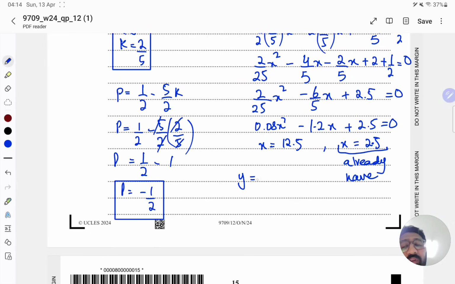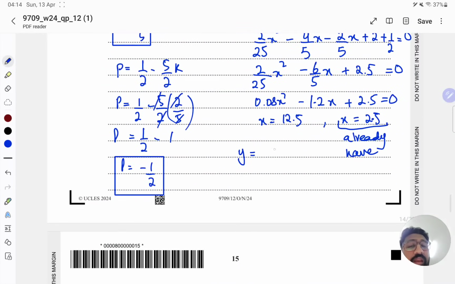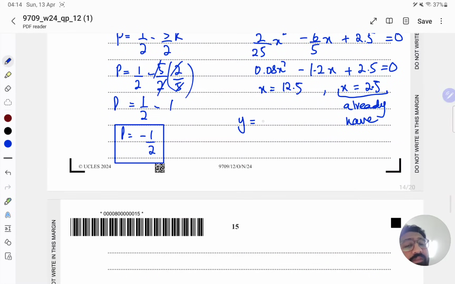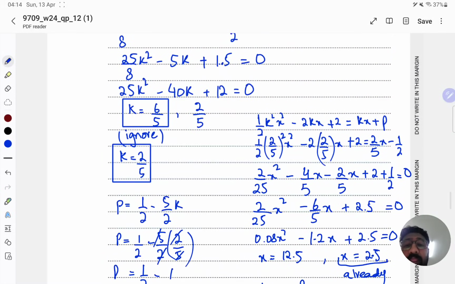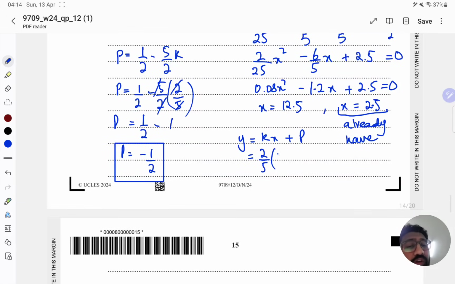We will find the value for y as well. For y, we will substitute in the other equation, which is kx plus p. The value of k is 2/5. So 2/5 into 12.5 minus 1/2, which is 2/5 into 12.5 minus 0.5, which gives y equals 9/2.